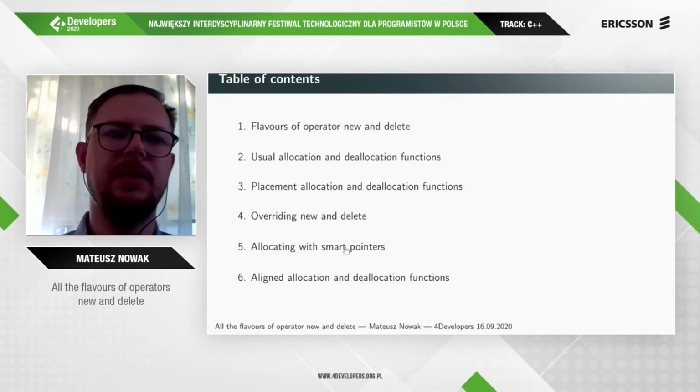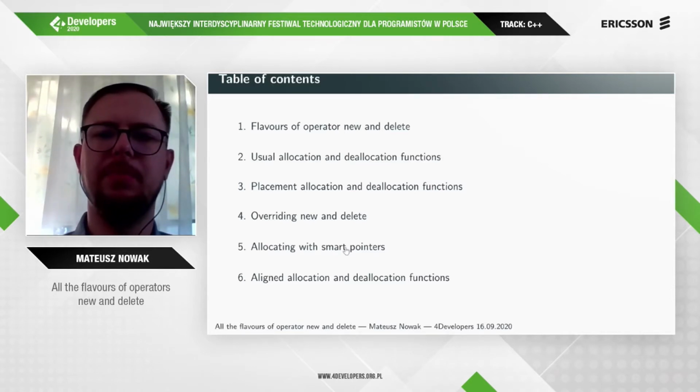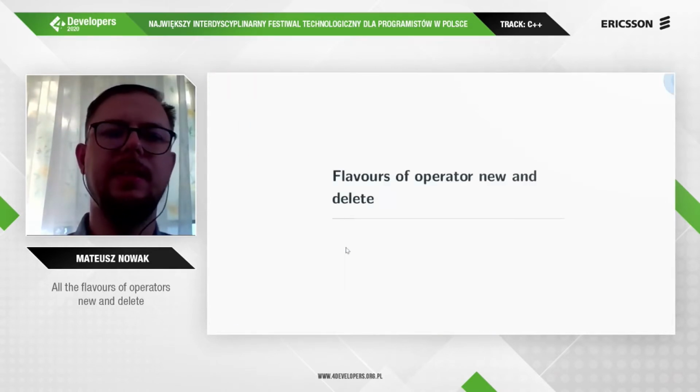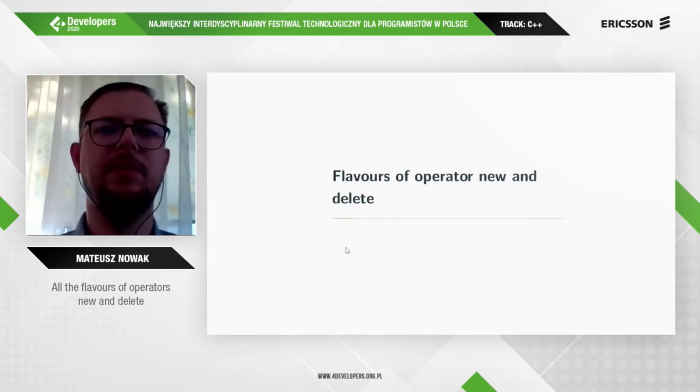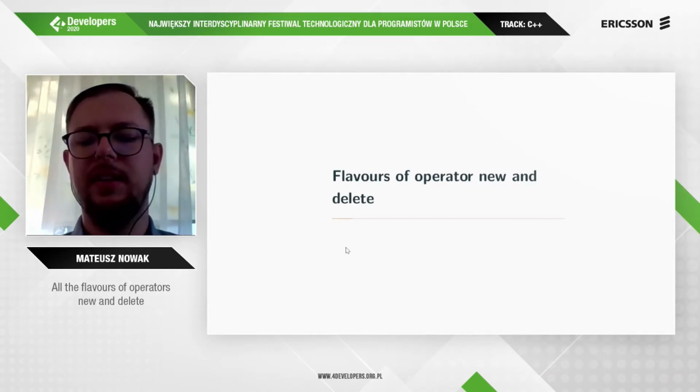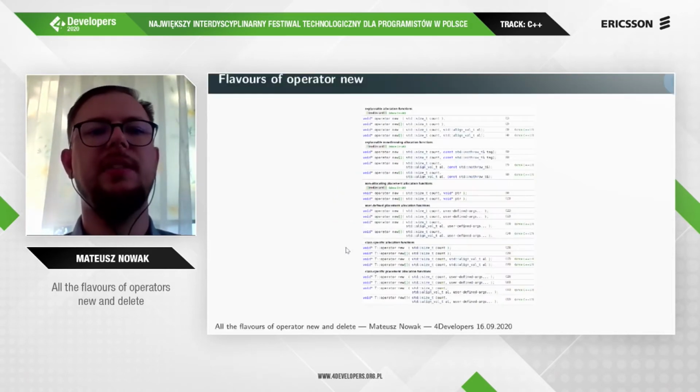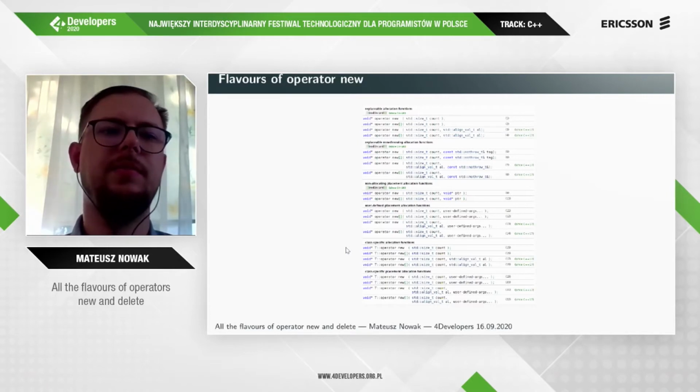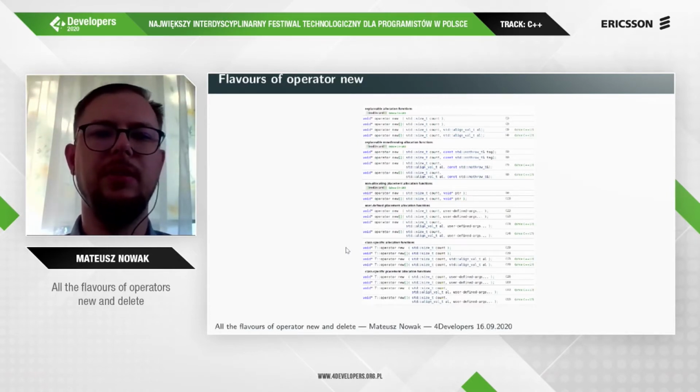A small agenda for those who like it, and for looking at the slides later after the presentation. So let's start with the flavors of new and delete. There are a lot of them. Maybe first look at the screen from cppreference, the page about operator new.